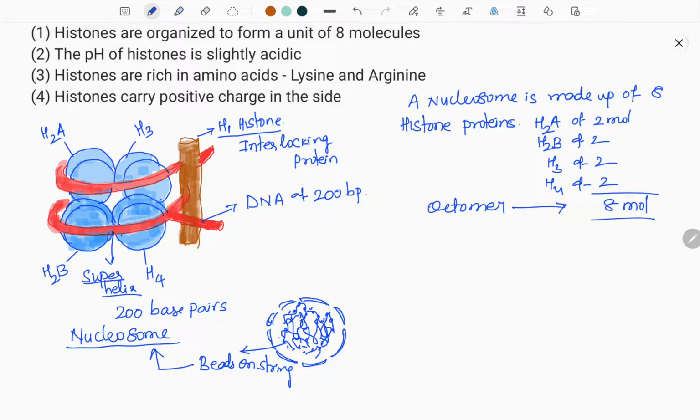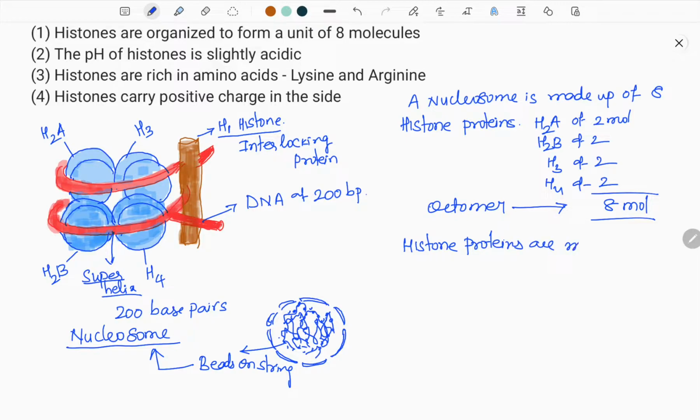So 8 histone proteins will make up one bead or one nucleosome. So nucleosome is called an octamer, and outside that nucleosome H1 protein is present. With that it is a nanomer. Then why do histone proteins specifically make the nucleosome? What is the importance of histone proteins? These histone proteins are made up of basic amino acids.